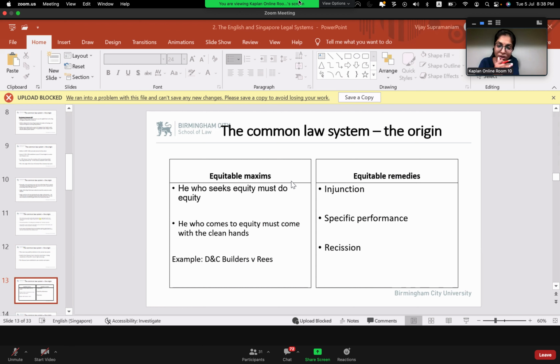So they reduced the balance owing, and DNC Builders were desperate, correct? So when they were desperate, they had no choice but to accept it. They said, okay, if you want to pay me less, I will accept it.